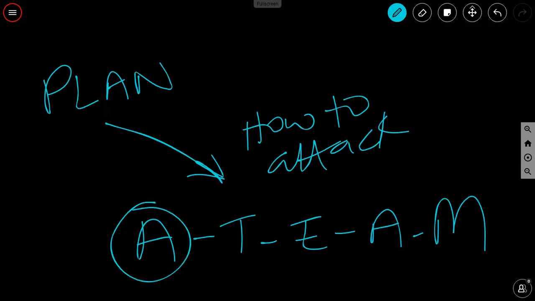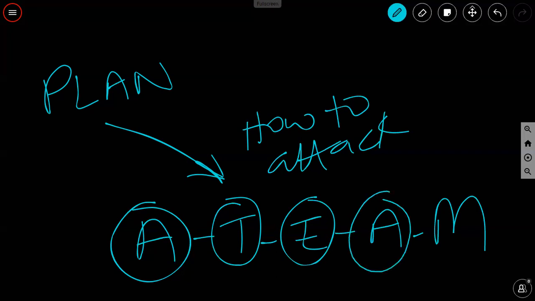You could avoid the risk. You could transfer the risk to a third party. You could escalate the risk to senior management or someone in a portfolio or program. You could accept the risk. You could have a passive accept or an active accept, and then you can mitigate the risk.